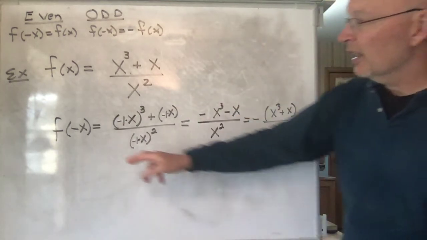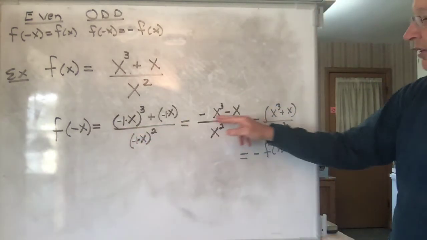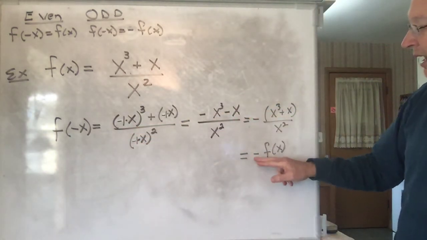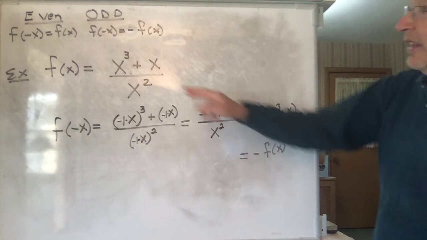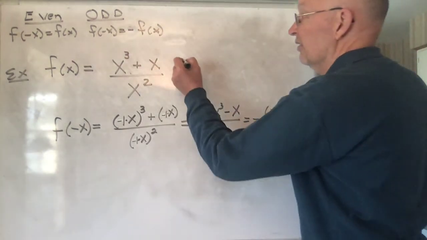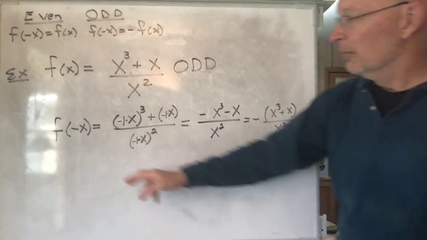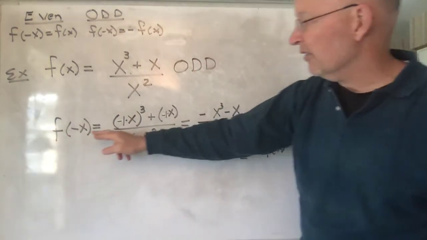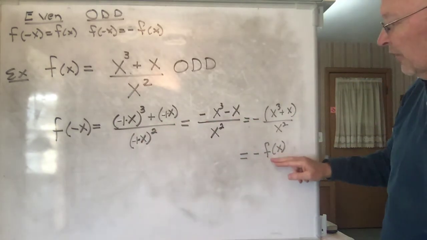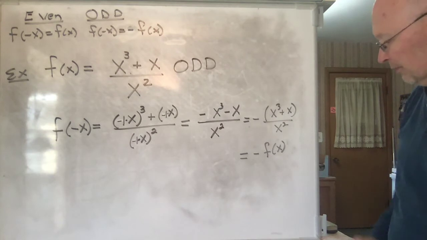So what did I conclude? f of negative x is equal to negative of f of x, and that's exactly what an odd function is. So this particular function is odd. To say it again, f of negative x, go through and simplify, it's going to be equal to negative f of x, so that kind of function is odd.